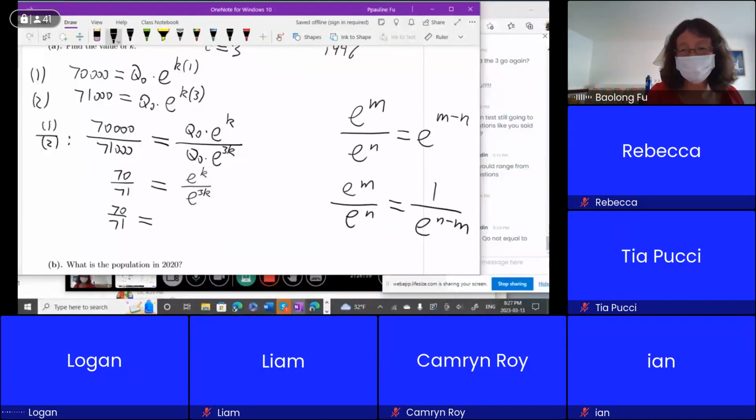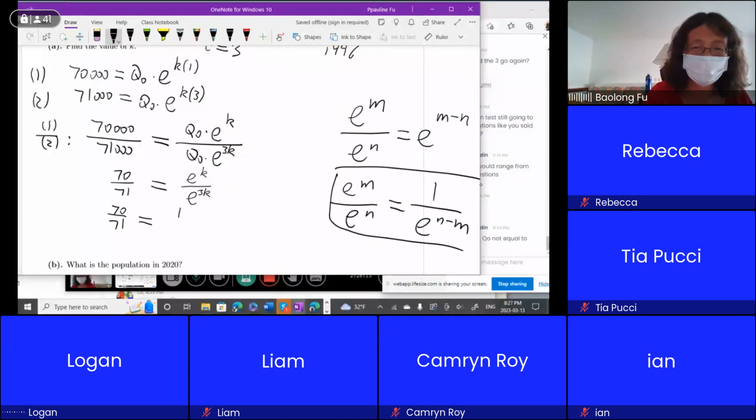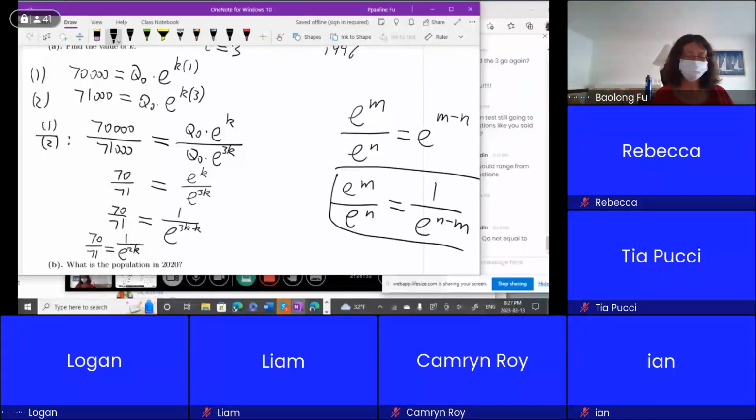Now I want to use this format for the right-hand side. So it is 1 over E^(3K minus K), and 3K minus K is 2K. So right-hand side, 1 over E^(2K).